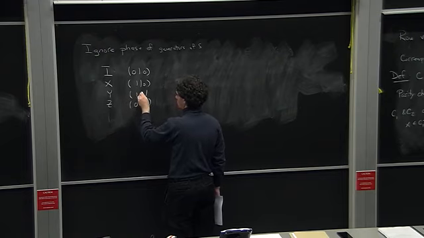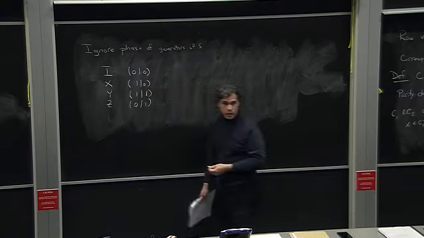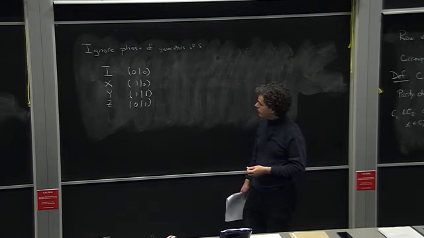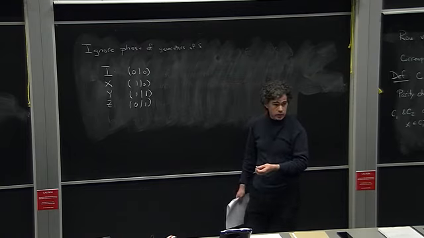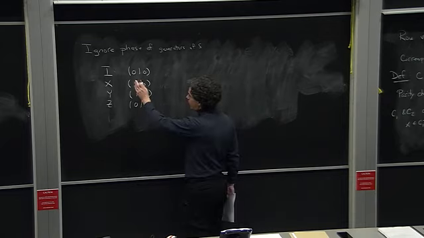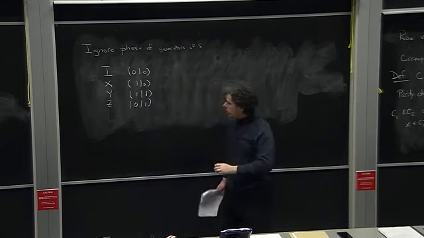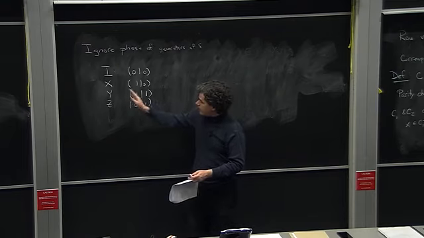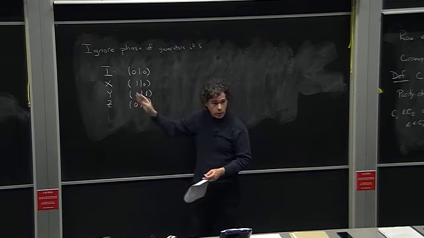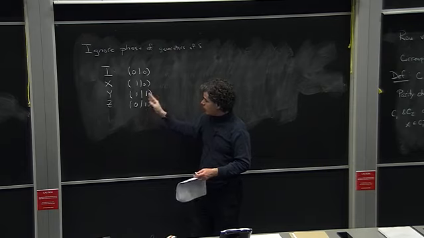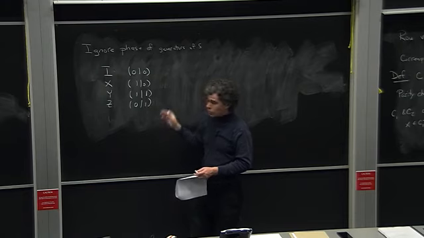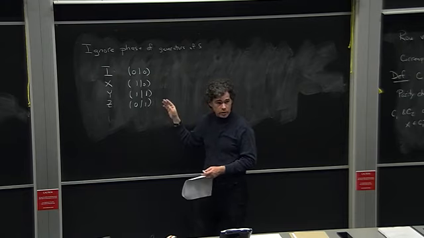And Y will be 1, 1. Okay? And then we have this line in the middle, because the thing on the left is telling us if we have an X part, and the thing on the right is telling us if we have a Z part. And so the Y has both. And so we're going to keep that separation between the X part and the Z part.